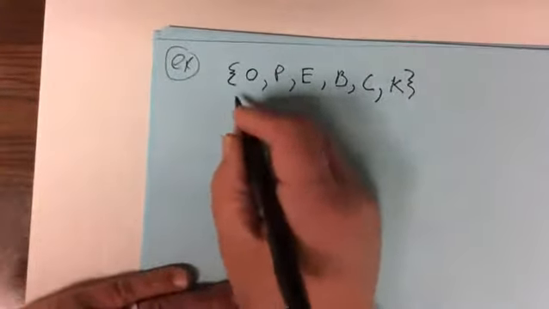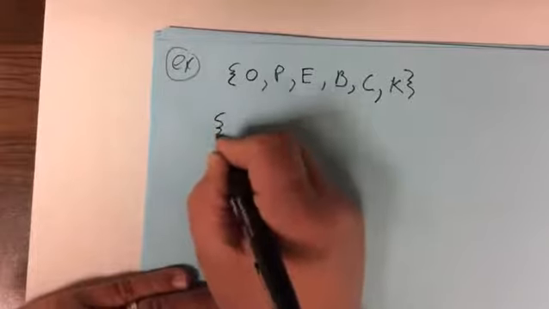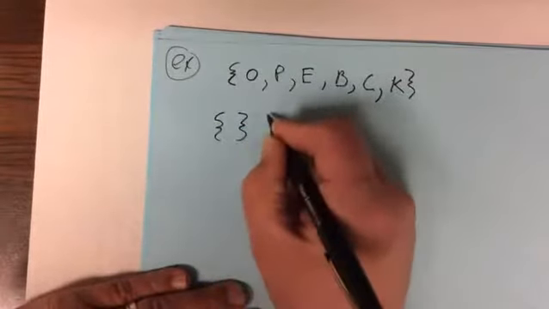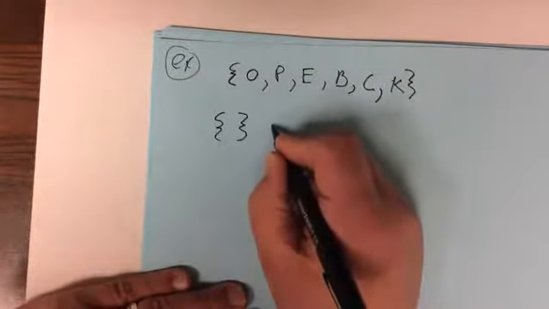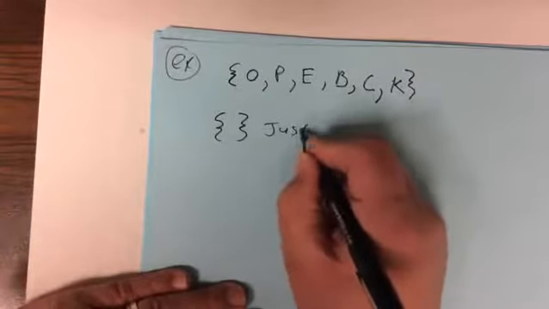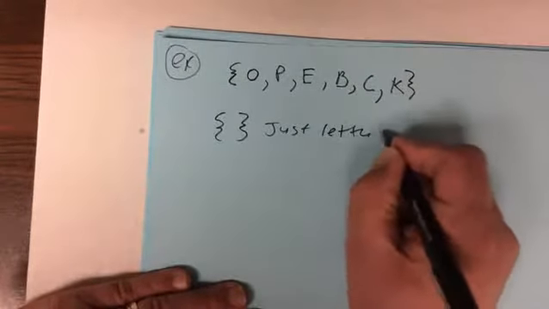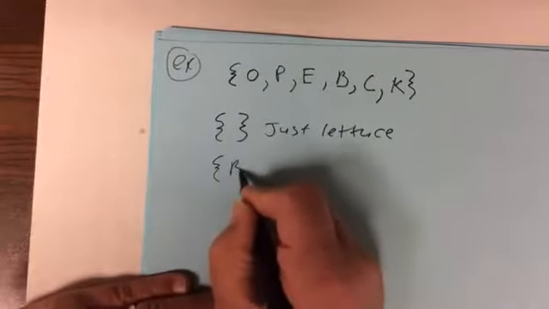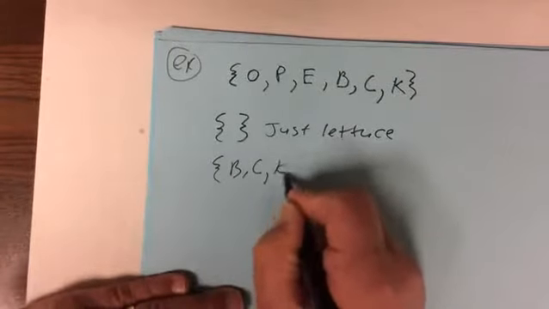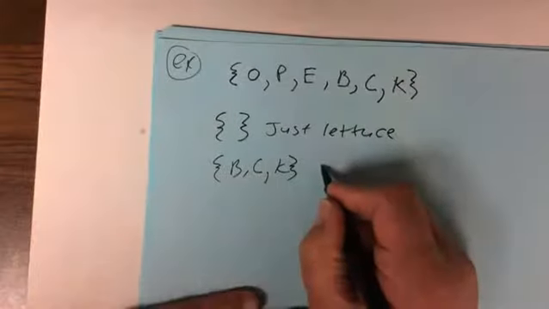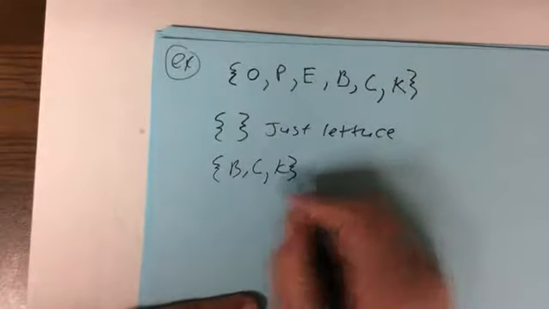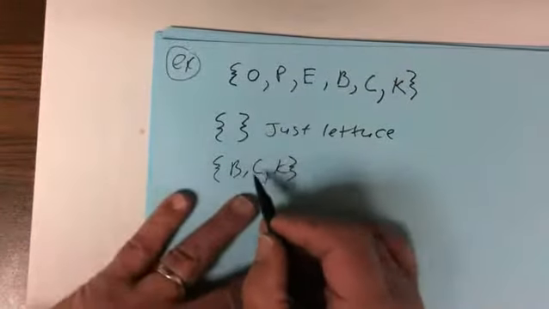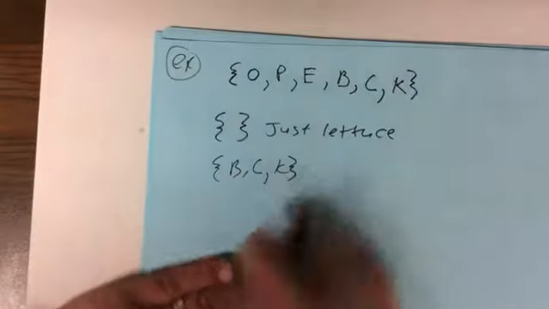Notice, if I don't choose any of the toppings, it's like the empty set. This empty set would be just the green lettuce. Just lettuce. Okay? This would be someone doing bacon bits, cheese, and croutons.